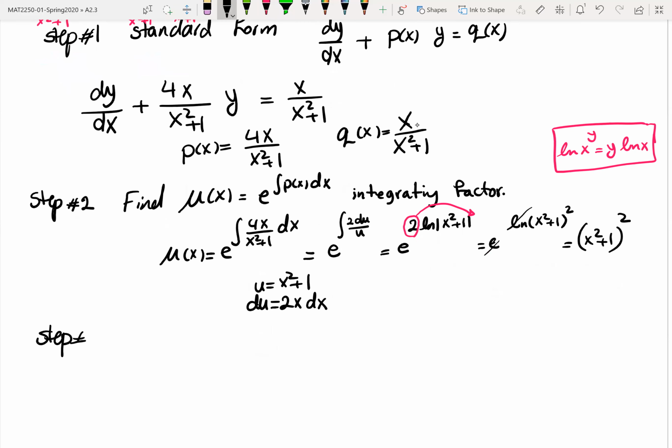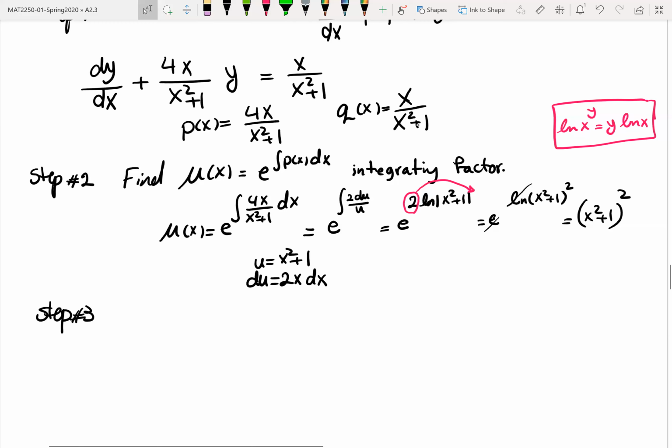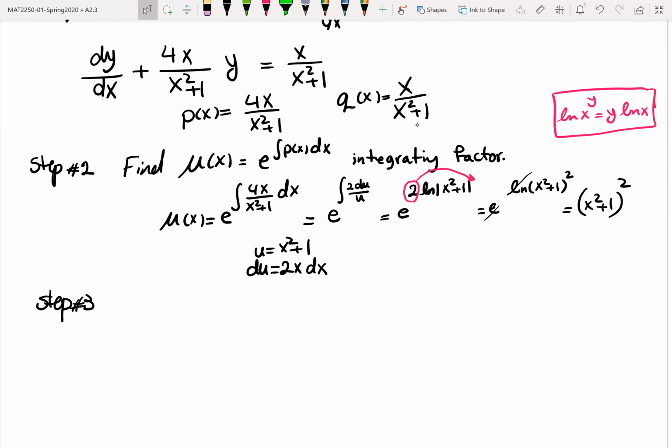Then this step number 3 is going to be multiply this factor. If your mu looks just really ugly, complicated, somehow hard to integrate, you have made a mistake somewhere, you're missing a negative, you're missing some power.